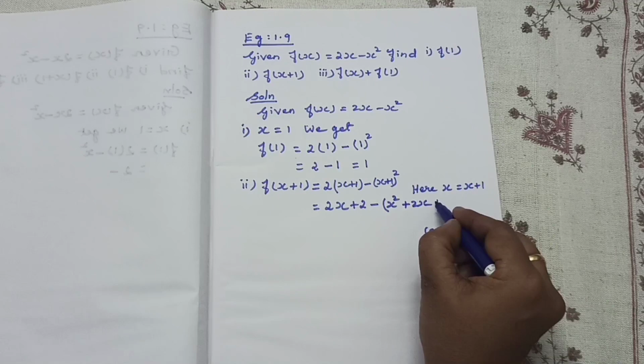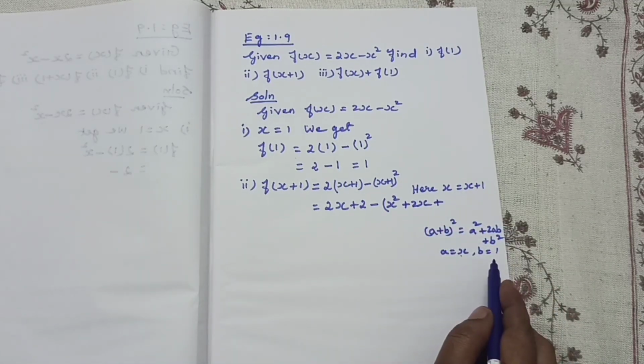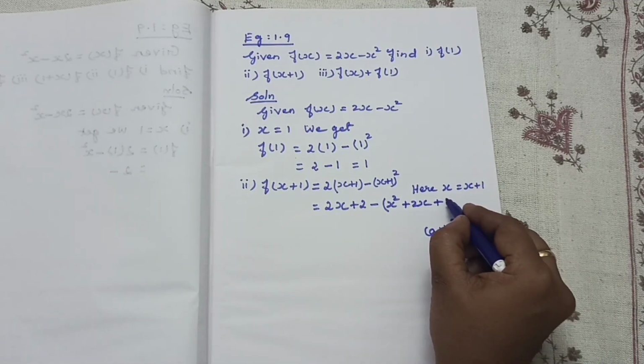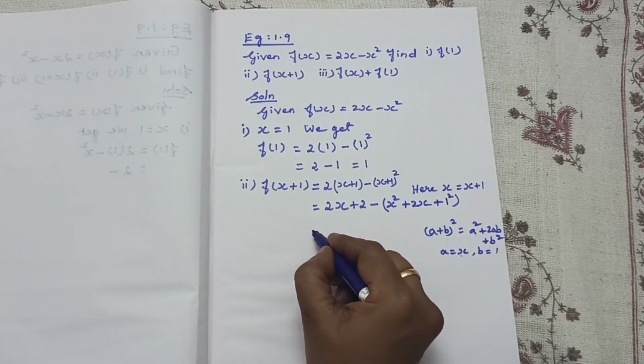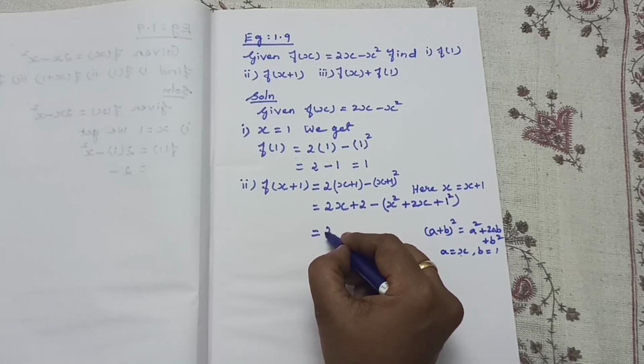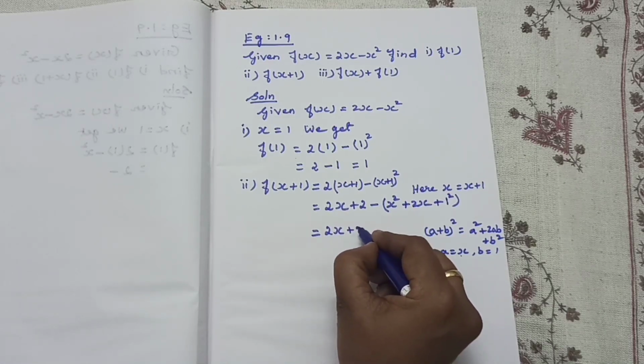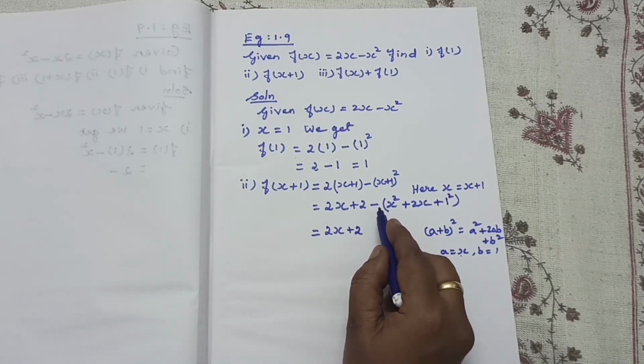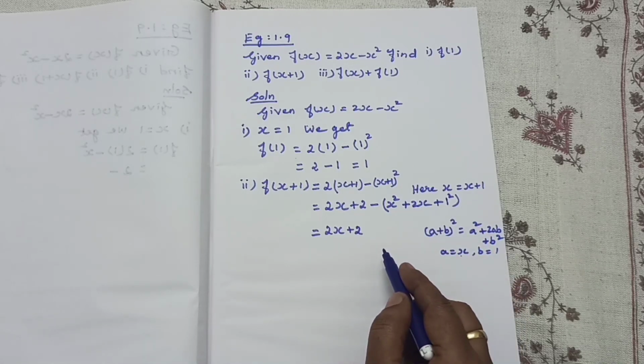Plus b square. B square is 1 square. Then equal to 2x plus 2. This minus we have to multiply inside the brackets.